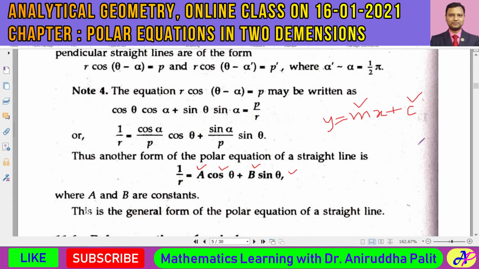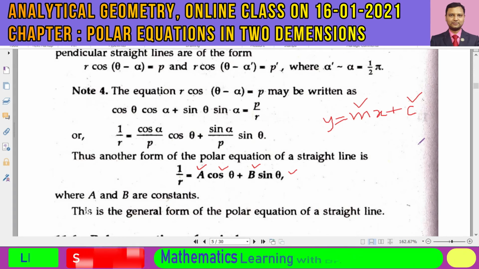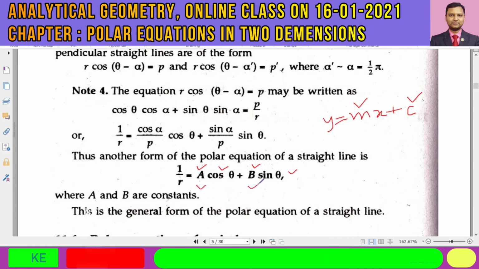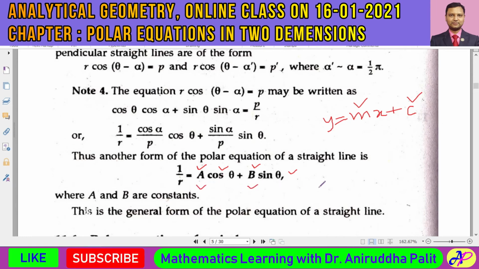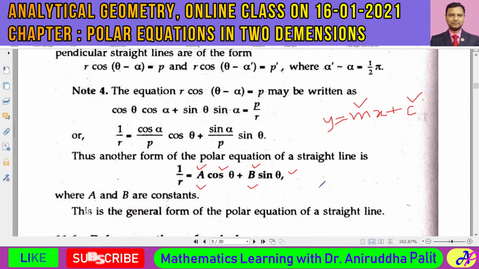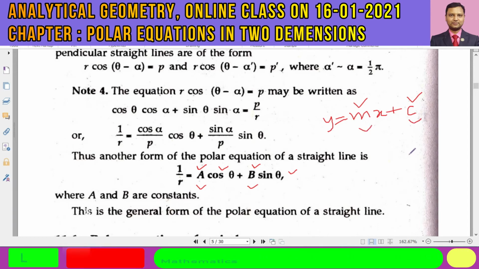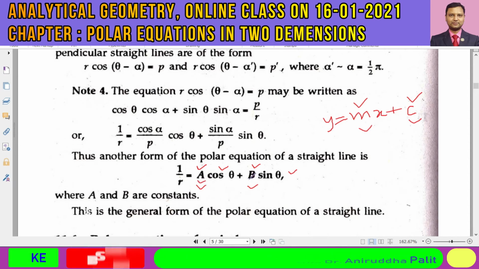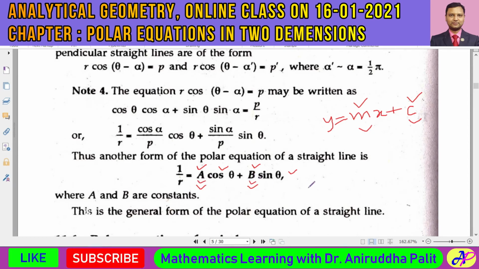So in Cartesian equations we had two arbitrary constants, and in polar equations as well we have two arbitrary constants, A and B. So in order to represent a straight line, whether in Cartesian form or in polar form, you always need to introduce two different constants.